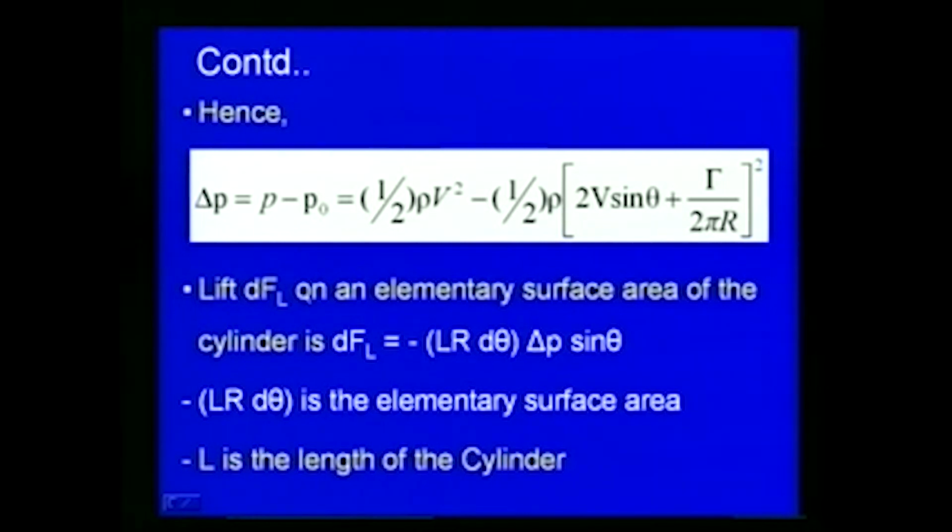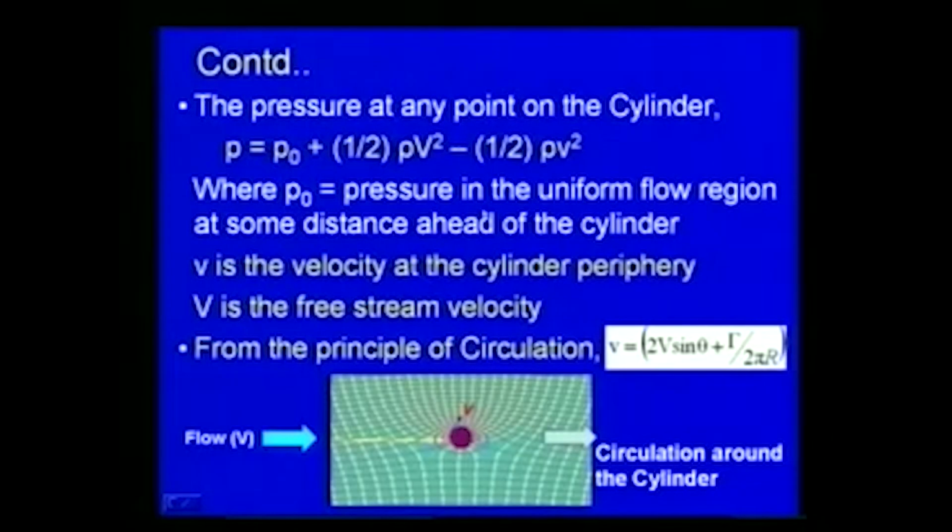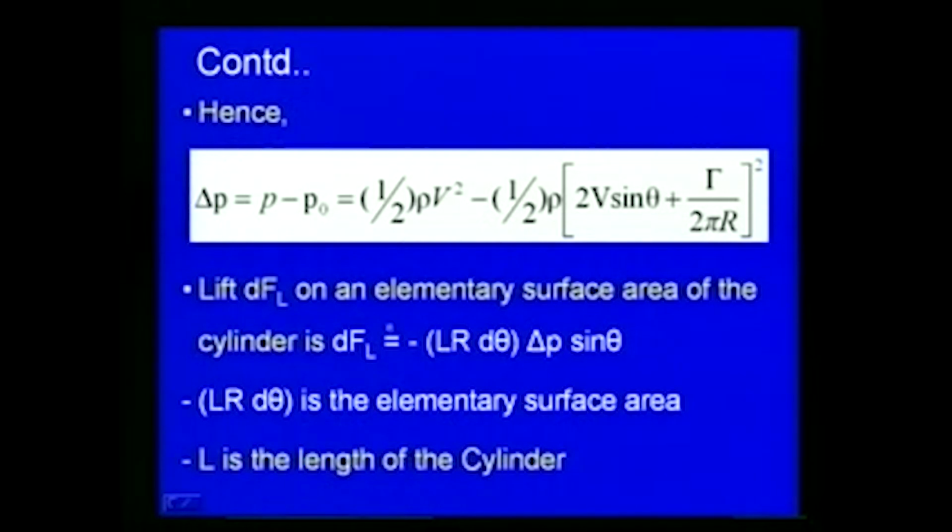Now, the lift dFL on an elementary surface area of the cylinder. If you consider the elemental surface area in the previous figure, dFL can be written as dFL is equal to minus L R d theta delta P sin theta. Here L is the length of the cylinder, R is the radius of the cylinder, and L R d theta is the elementary surface area.